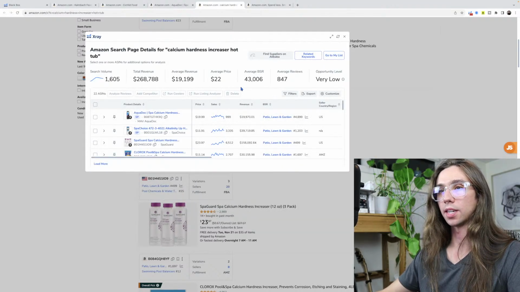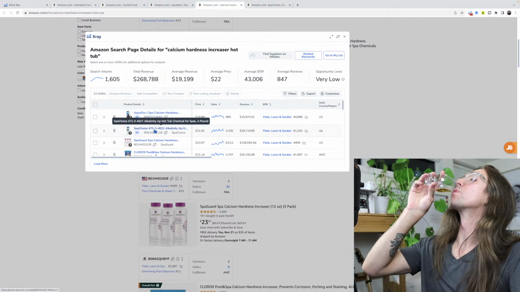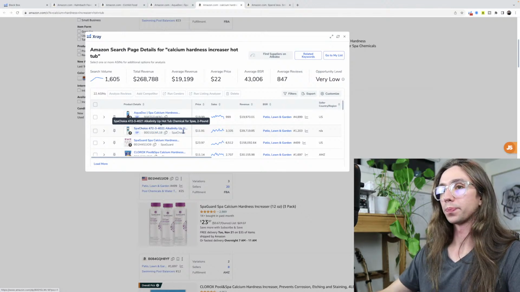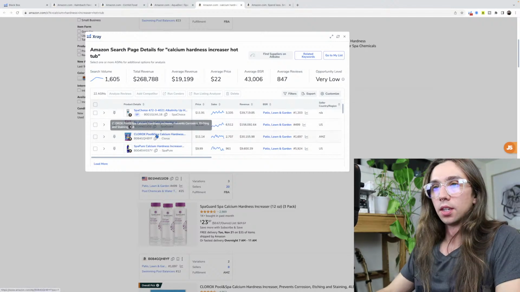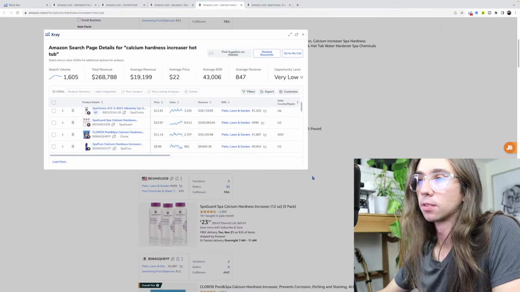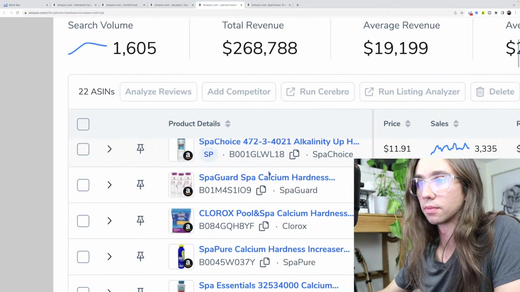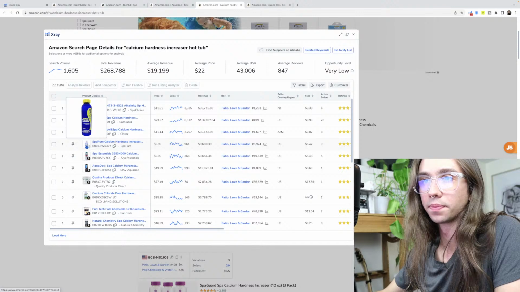Way to go, Doc. Then we got Spa Choice. And Clorox. What do you guys think of the new X-ray interface? I like it. That one looks legit. I like the packaging on that one.